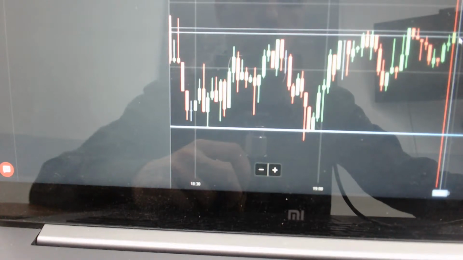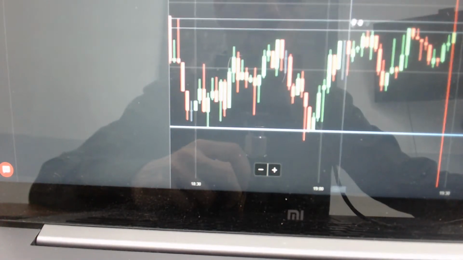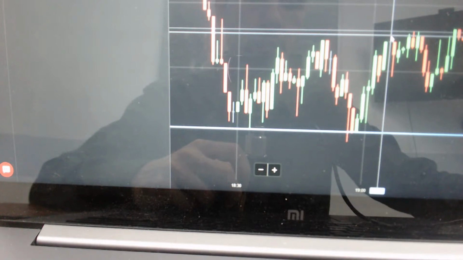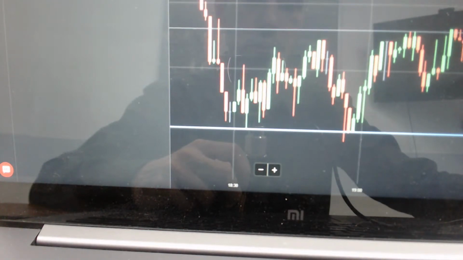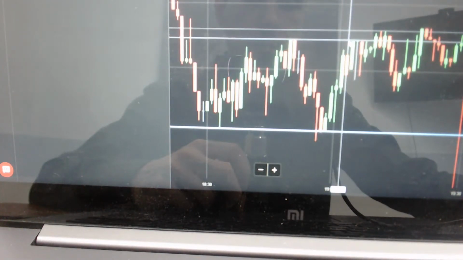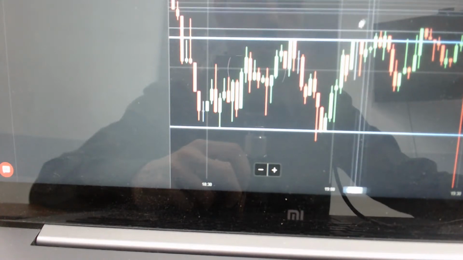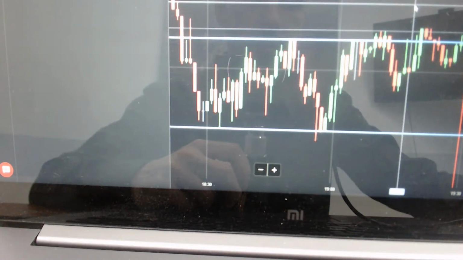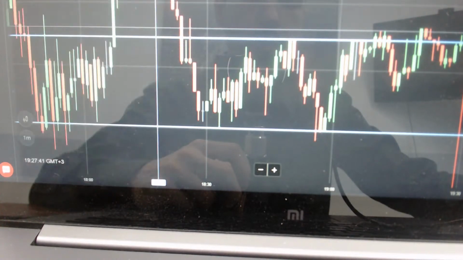And we have the difference between the different levels, quite obvious here.